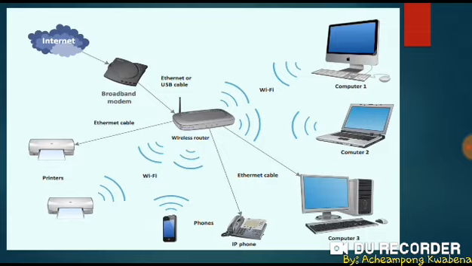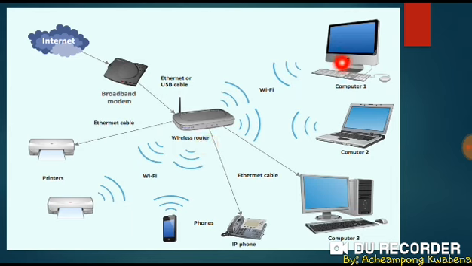Now let's have a look at this diagram. We can see that we have several devices here. The first one is a desktop computer. We have a laptop, a desktop computer, an IP phone, a mobile phone or smartphone, two printers, a broadband modem, and in the middle a wireless router.